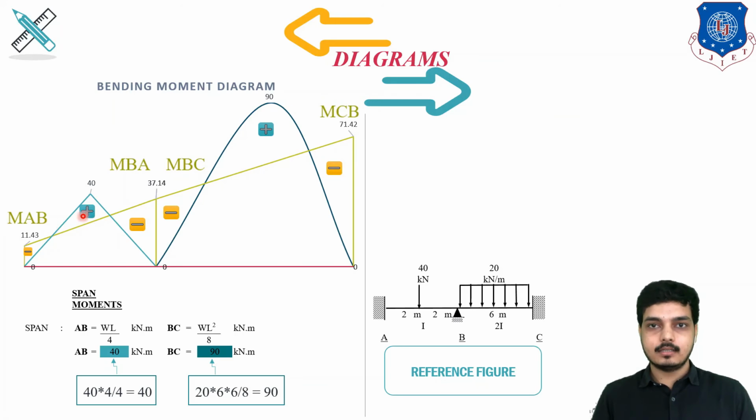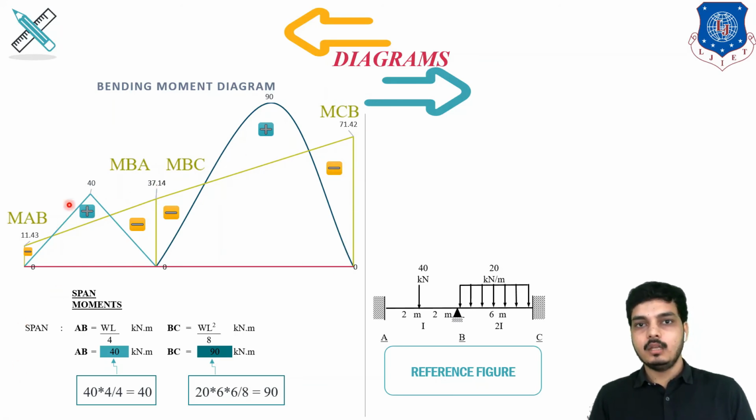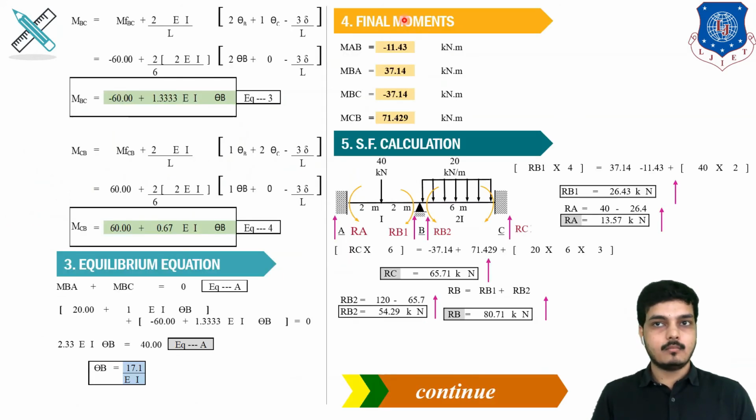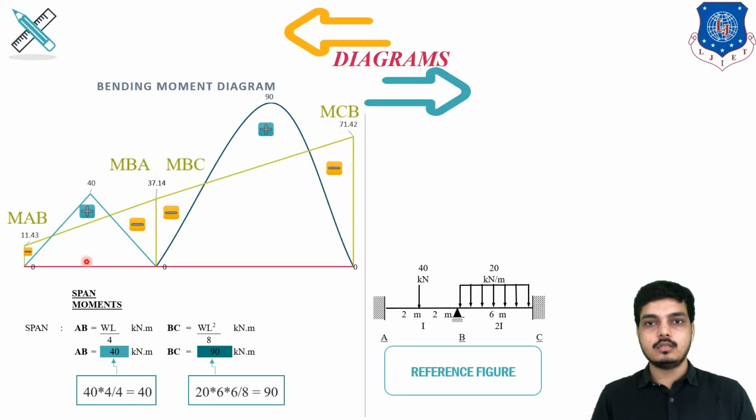Now this green color end moments, how to draw, let's see. As you know our MAB value is minus 11.43. So the rules for how to draw the diagram, let's understand. So this is AB span. At the left it should be negative, so up.